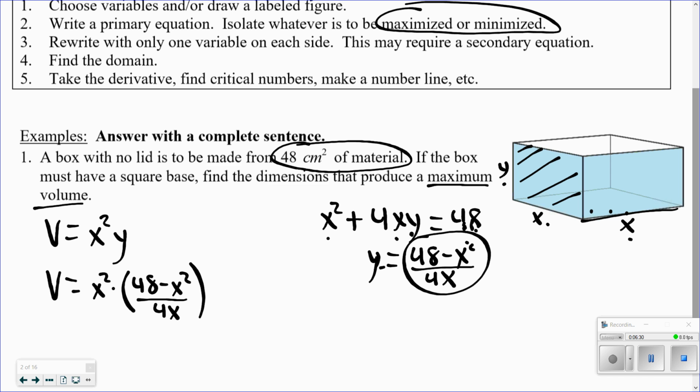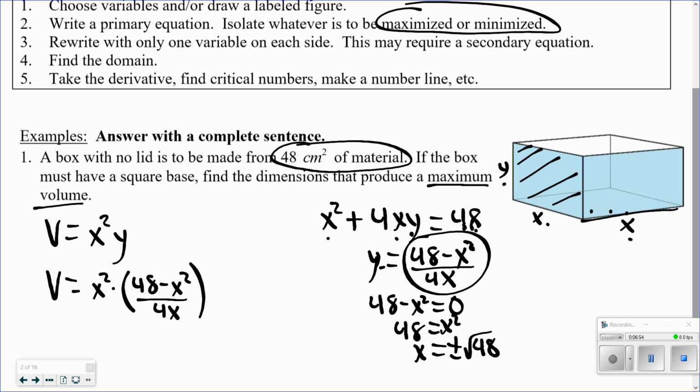So I'm going to find out when 48 minus x squared equals 0. Let's solve that. I'm going to add the x squared over. 48 equals x squared. Take the square root. So x equals plus or minus the square root of 48. So that's when it equals 0. Well, just think about this for a second.